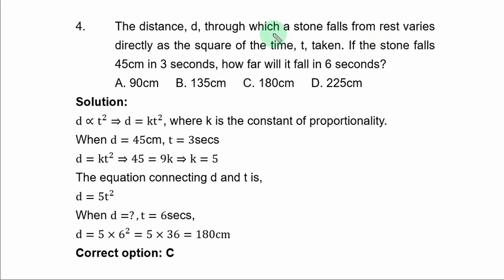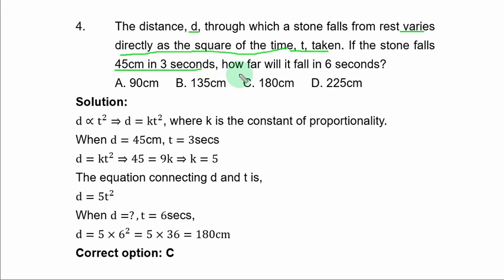Question 4. The distance D through which a stone falls from rest varies directly as the square of the time t taken. If the stone falls 45 centimeters in 3 seconds, how far will it fall in 6 seconds?